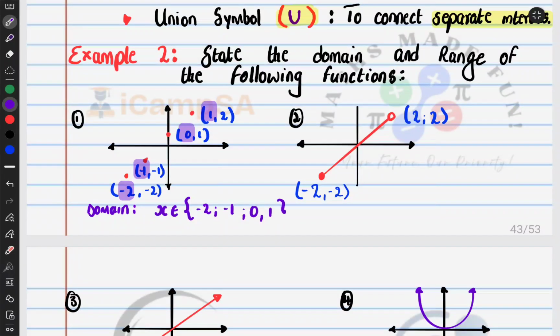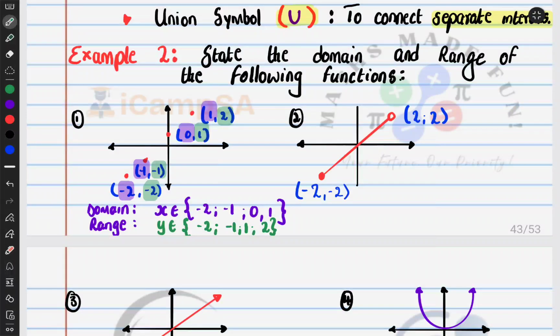Now for the range, we are looking at the y values. So y is the element of, braces again, and we have -2, -1, 1, and 2. So that is the domain and range for the first function.